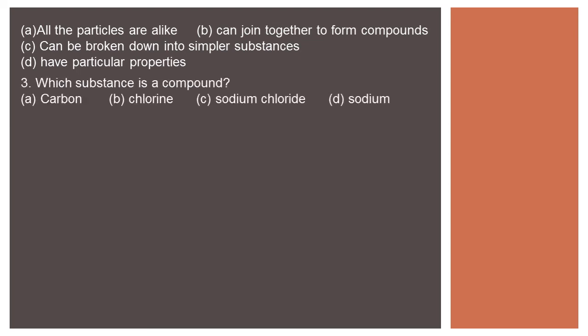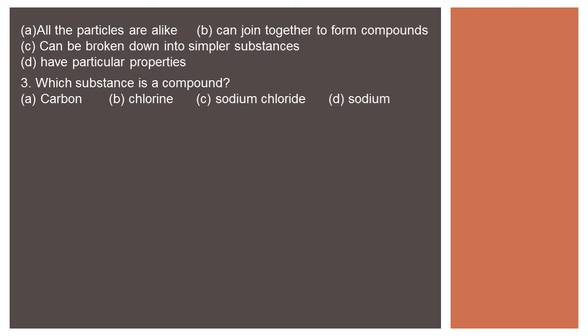So students, in case of MCQ number 3, which substance is a compound? Now let us concentrate on the 4 options. A option is carbon, B option is chlorine, C option is sodium chloride, and D option is sodium.